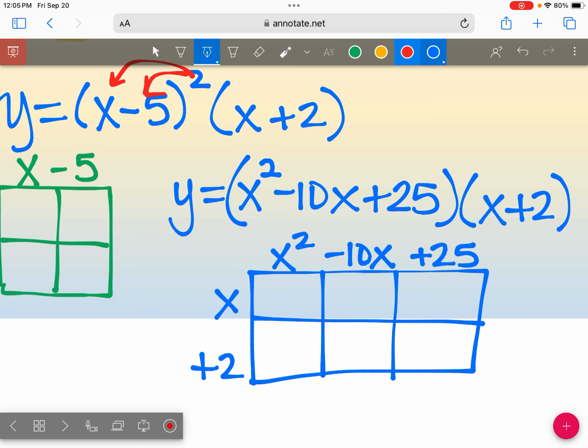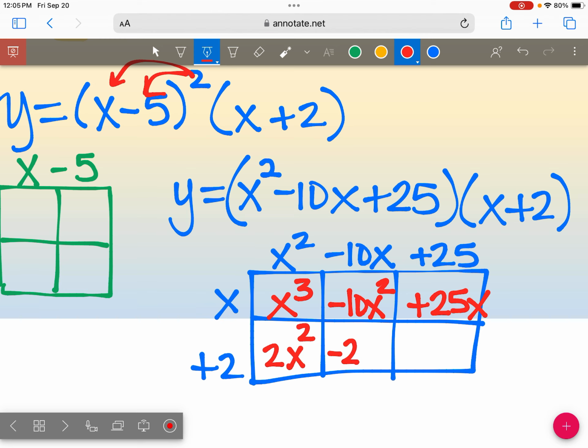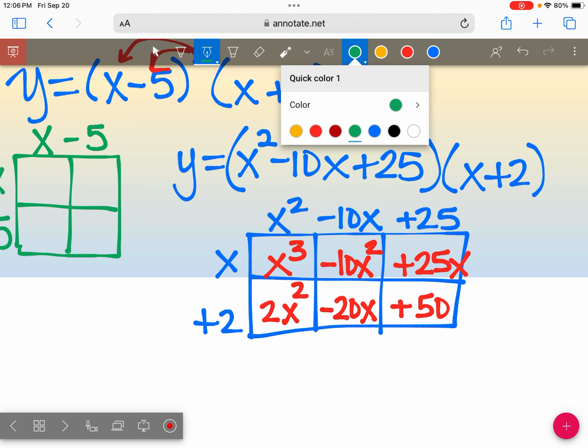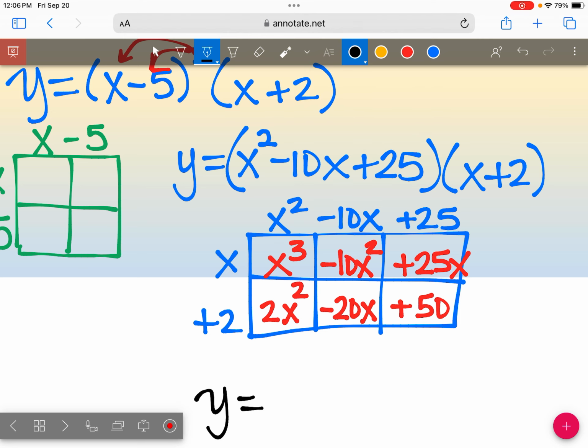Again, I'm just looking for the right answer. Okay, so in this first square, we got x to the third, then we have negative 10x squared, and then positive 25x. The second row, I have 2x squared minus 20x plus 50. So my final equation will be y equals x cubed, and then we're going to add these together.